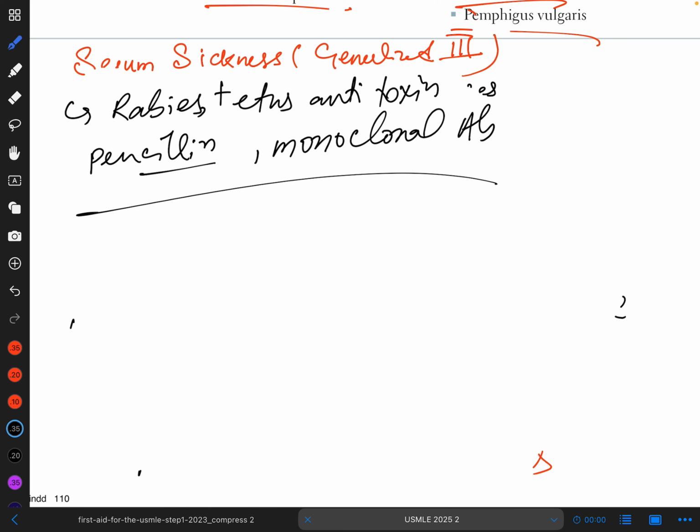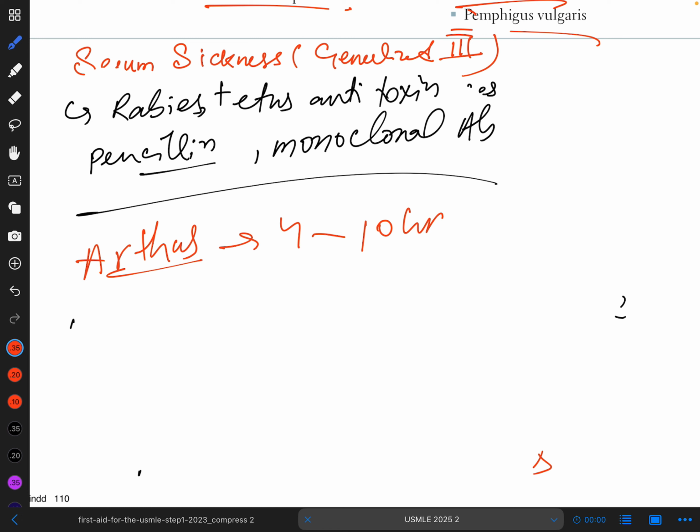If we talk about the localized Arthus reaction, it is a local tissue reaction, usually in the skin, due to injection of an antigen. The preformed antibody in the plasma and tissue forms immune complexes, and that local immune complex forms 4 to 10 hours after the reaction, in contrast with type 1, which is in minutes.